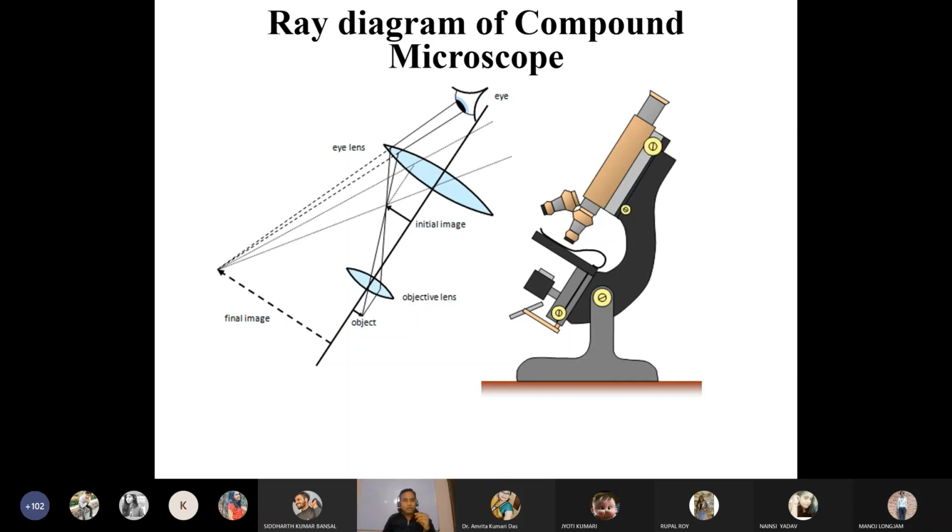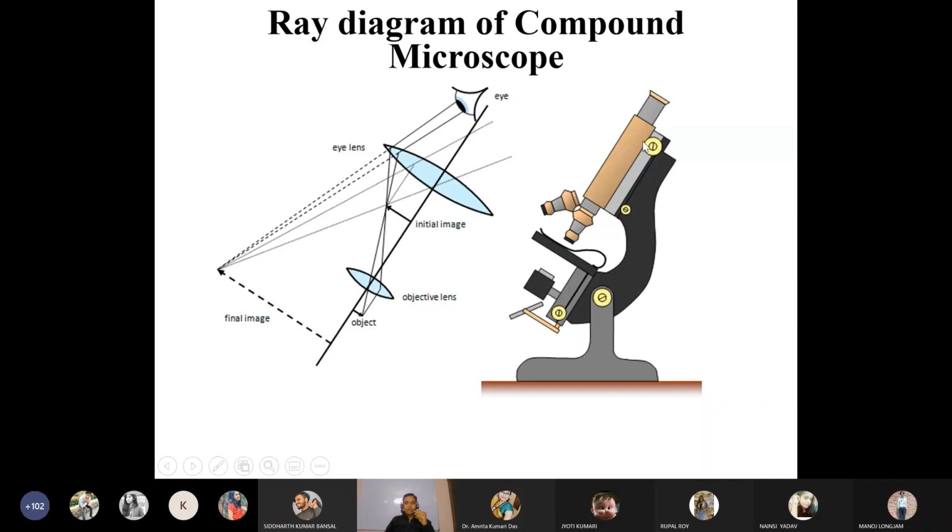Okay, so let's move on to the compound microscope. One of the object images of this object lies somewhere within the focal length of this lens.